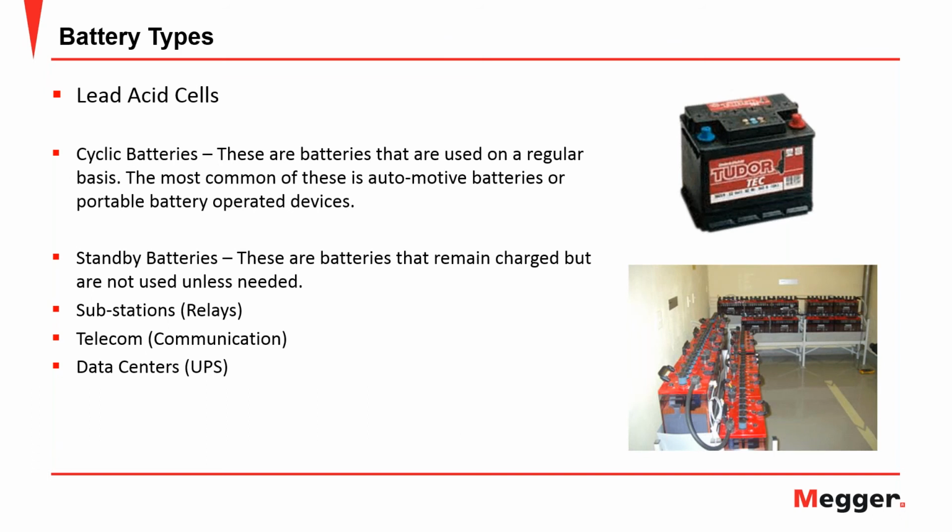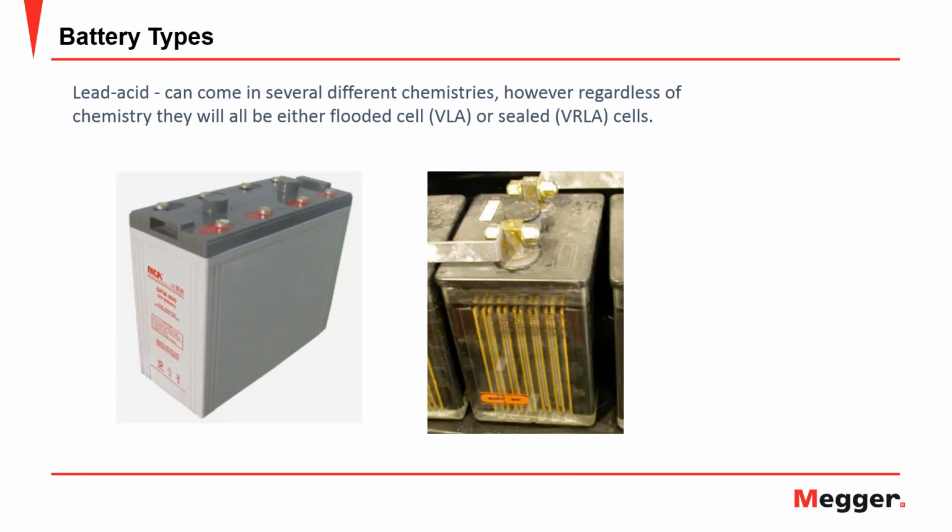And our standby batteries, these are the ones that we're using in the substations, telecoms, and data centers, and are going to be more of what we're going to be focusing on here. Now, lead acid batteries also come in different types. You have VLA or flooded cells, and you also have VRLA, valve regulated lead acid or sealed cells, sometimes commonly referred to as maintenance free.